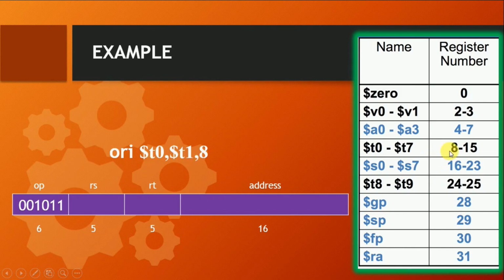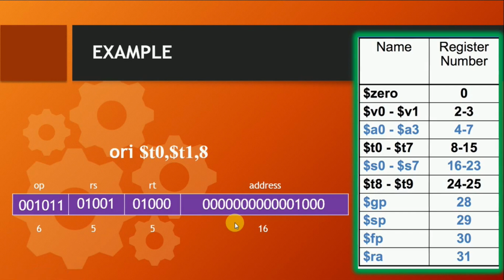T1 is 9, so I have to represent RS as 9, which is 8 plus 1. T0 is 8, so RT is T0. Here I have to fill the immediate value. Immediate value is 8. I have to extend this 8 to 16 digits. So this is the representation of immediate instructions.